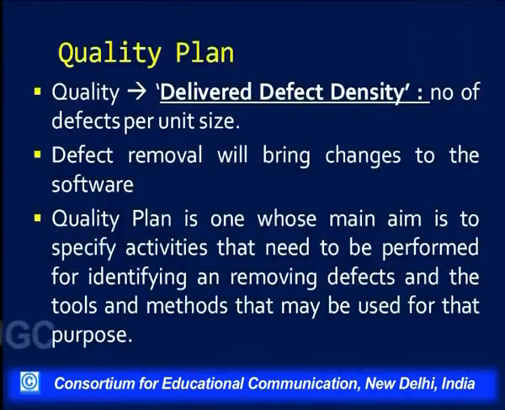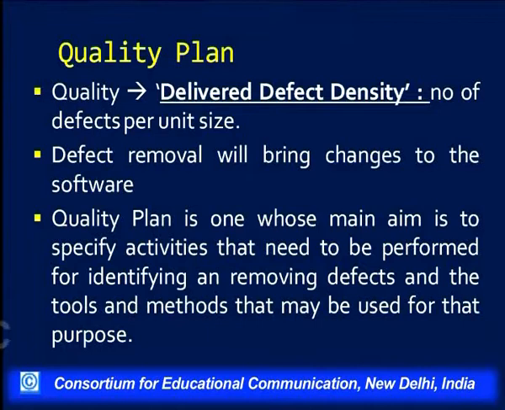Then finally we have the quality plan. Quality is defined in terms of delivered defect density. This is one of the most common ways in which quality is defined for software today. Delivered defect density means the number of defects per unit size. What is a defect?